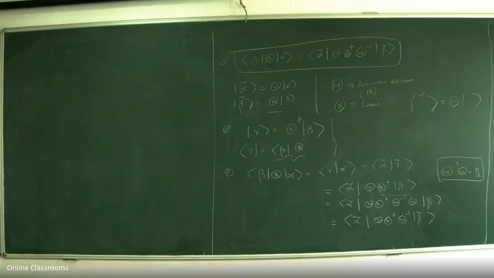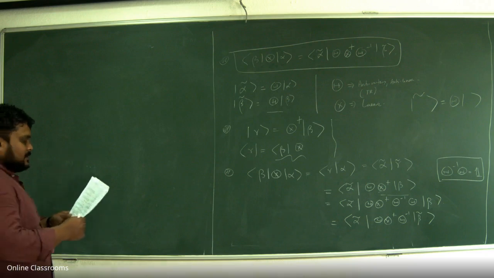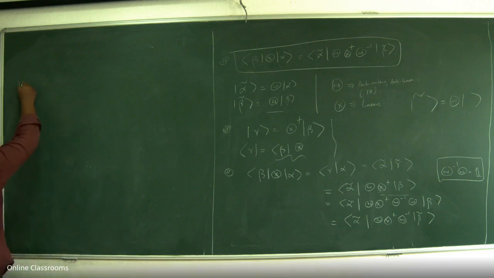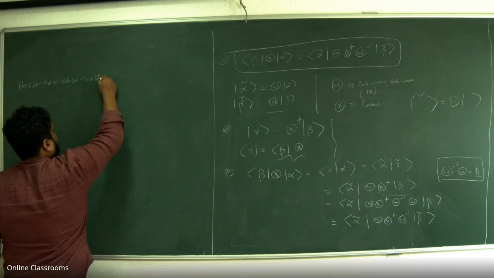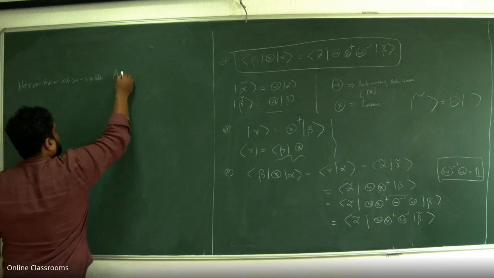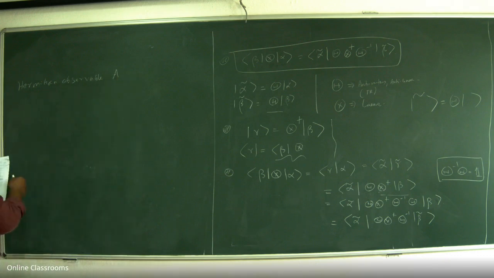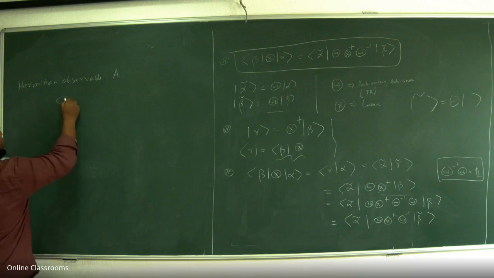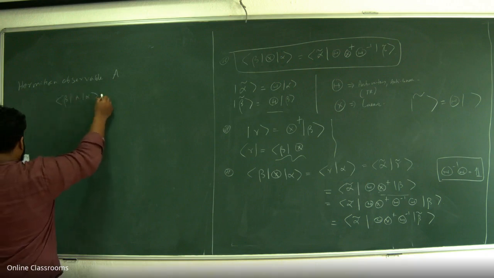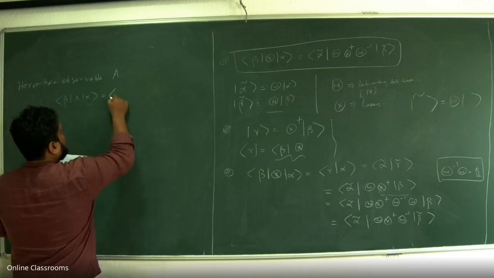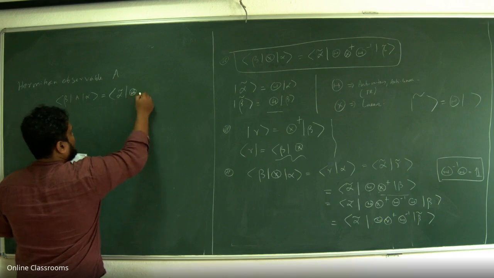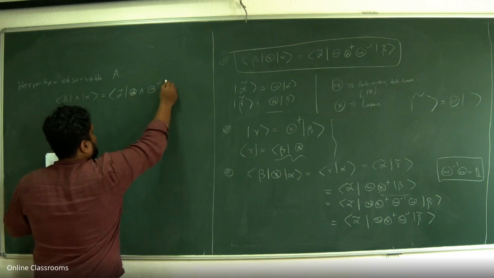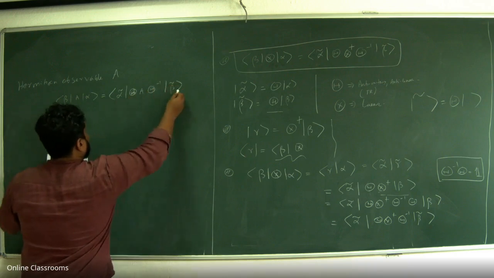Okay, now some definition. So if I have a Hermitian observable, let's call it A, then beta A alpha is alpha dagger theta A theta inverse beta.